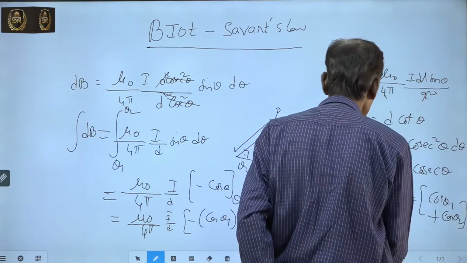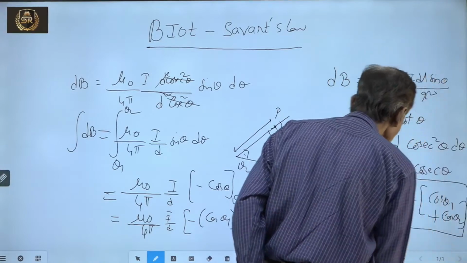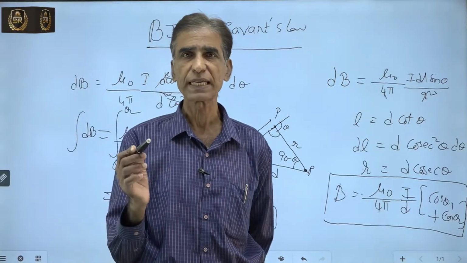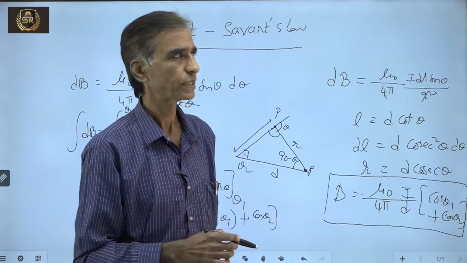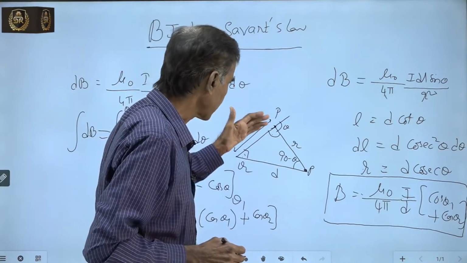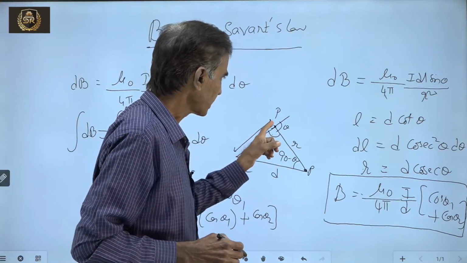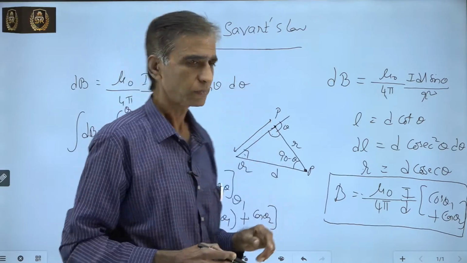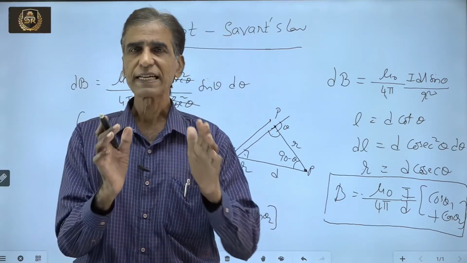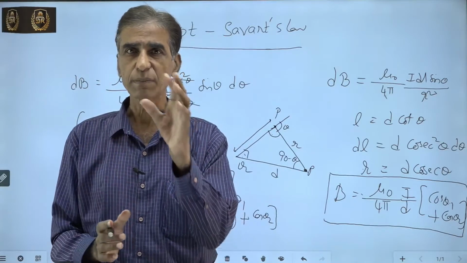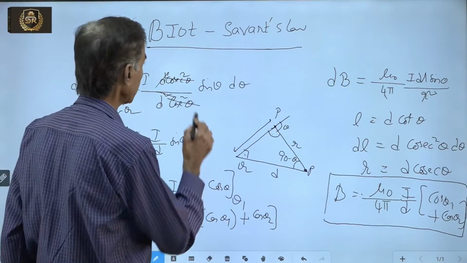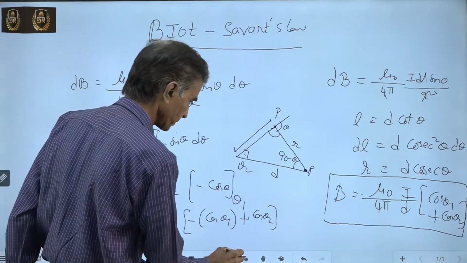Therefore, B is equal to mu naught by 4 pi into I by d into cos theta 1 plus cos theta 2. So, that is the magnetic field due to a conductor of length L making angles theta 1 and theta 2, right. Now, suppose we want to find the magnetic field on the bisector of the wire.